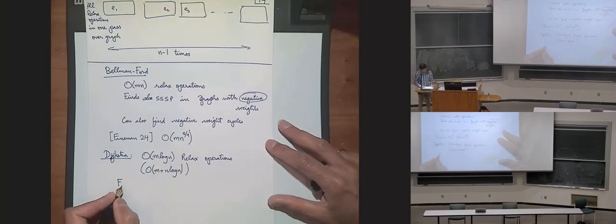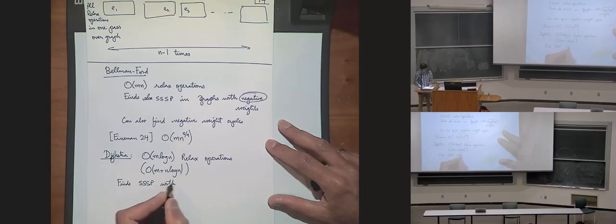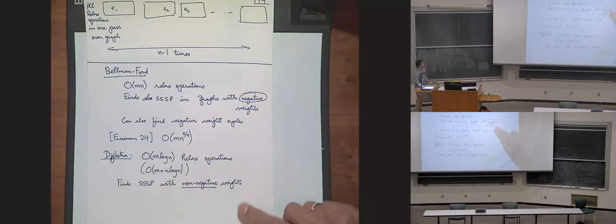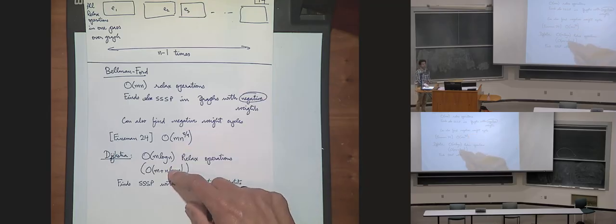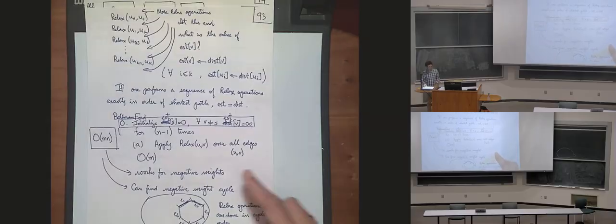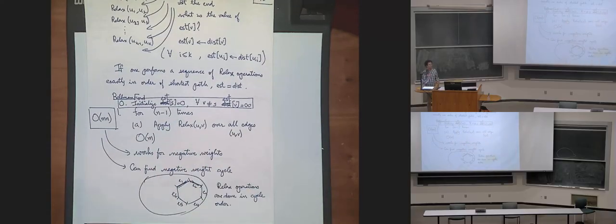And this solves SSSP with non-negative weights. The point is, when you go from negative to non-negative, you get a huge improvement, because you can do this sort of crawling argument. The whole problem in Bellman-Ford is that you don't know what the right sequence of relax operations is, so you brute force it over all the edges.